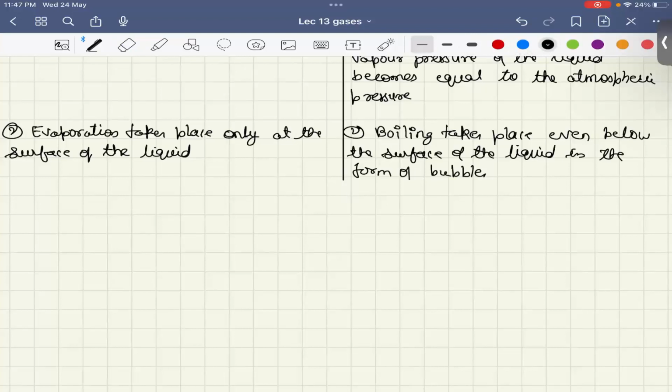The last property which we are going to study is the surface tension, right?